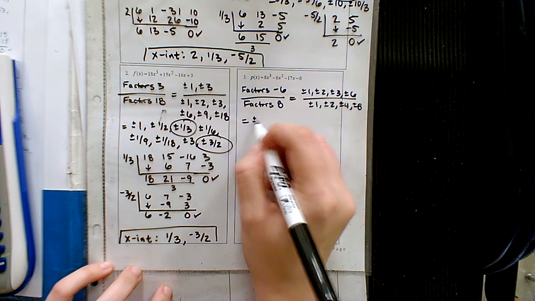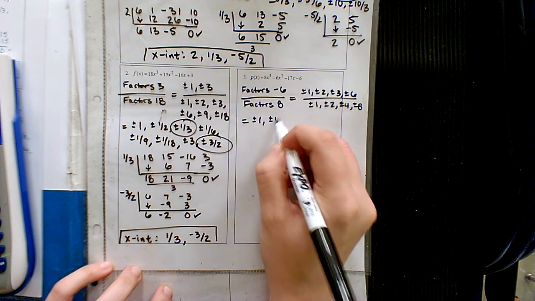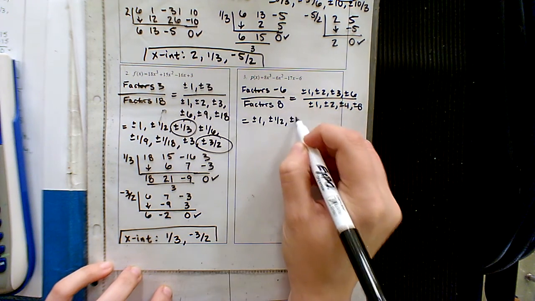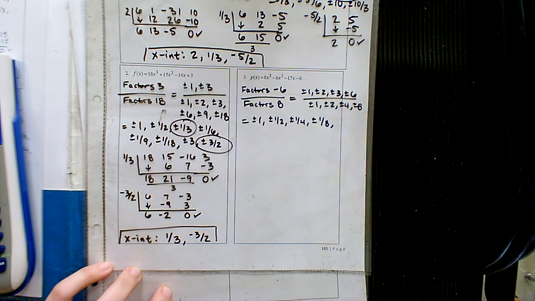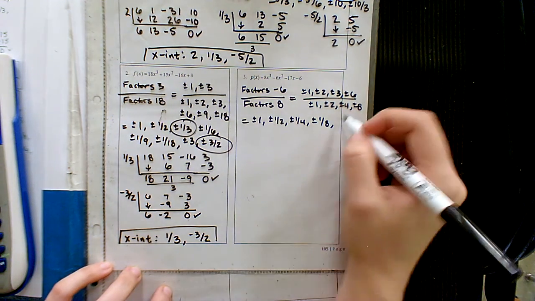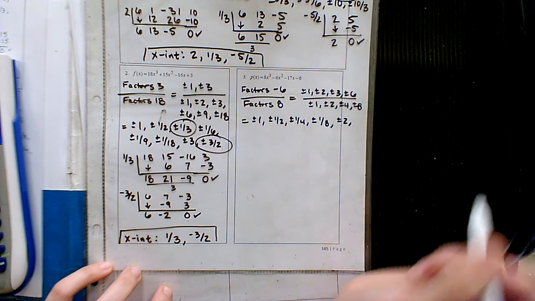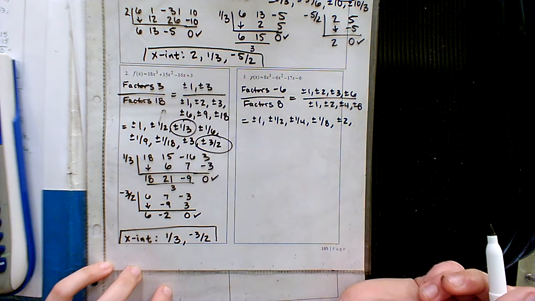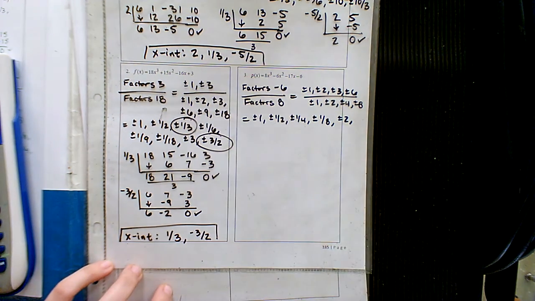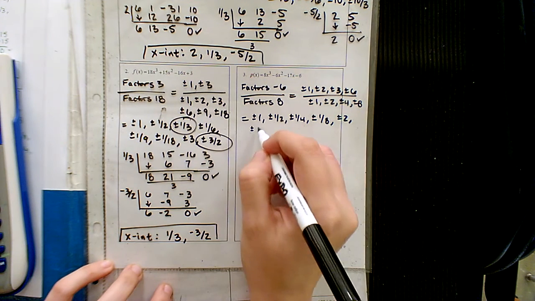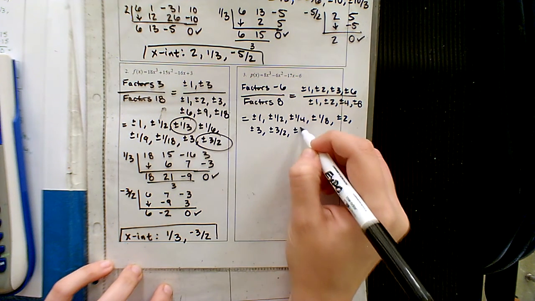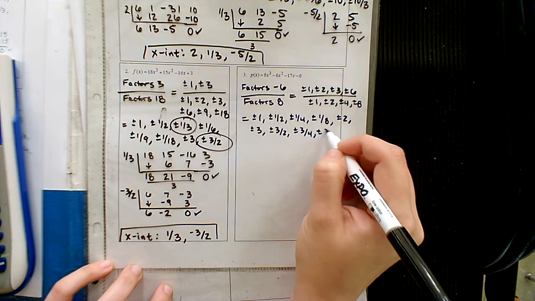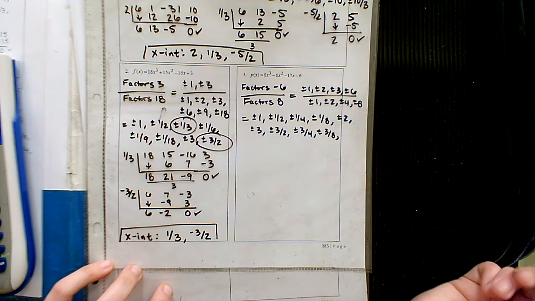Alright, so we develop our list. Plus or minus 1, plus or minus 1/2, plus or minus 4, plus or minus 1/8, plus or minus 2. That's actually it from that one. Plus or minus 3, plus or minus 3/2, plus or minus 3/4, plus or minus 3/8.